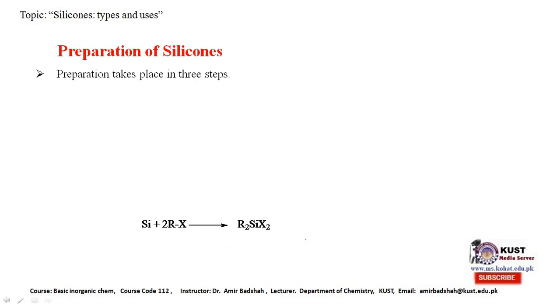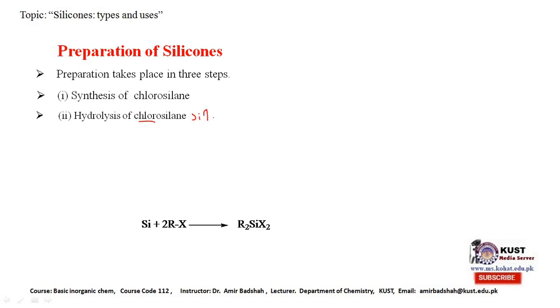Preparations of silicones. The preparation of silicones mainly takes place in 3 steps. The first step involves the preparation of chlorosilane, and the second step involves the hydrolysis of chlorosilane, as a result of which we get silanol.